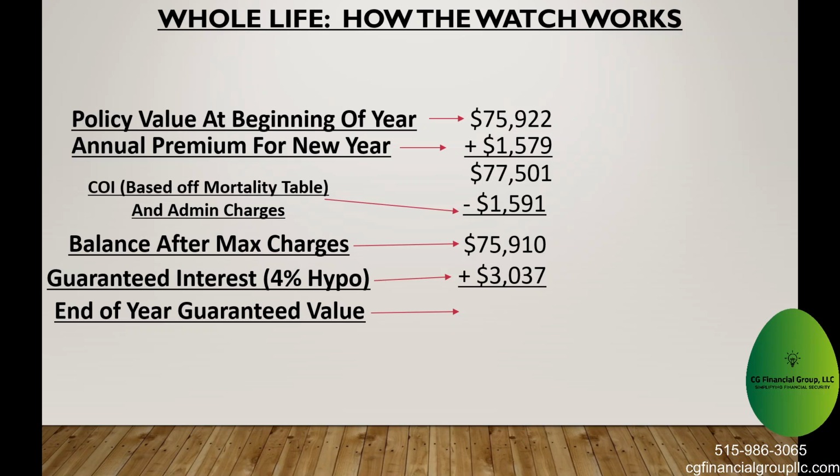But again, we're going to credit you a very conservative rate. We're going to guarantee you that you will get at least a 4% credit. Let me do the math here, $75,910 times 0.04. There's some rounding that goes into this. On top of your $75,910, we're going to credit you 4%, which means $3,037.